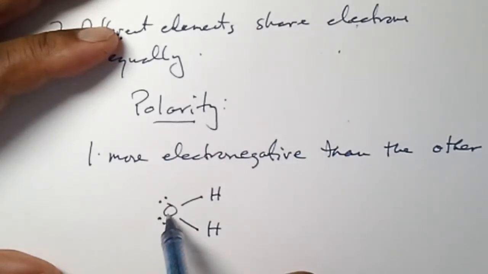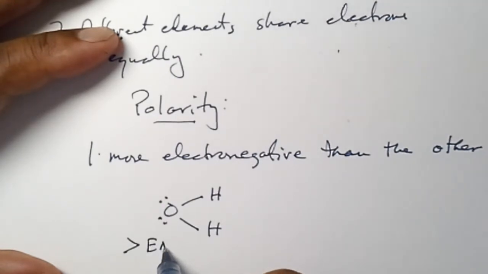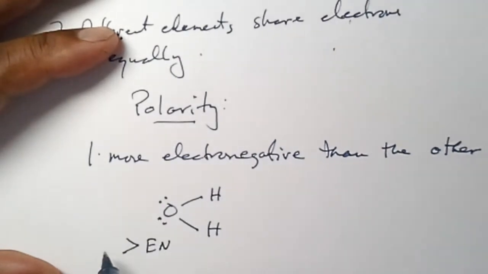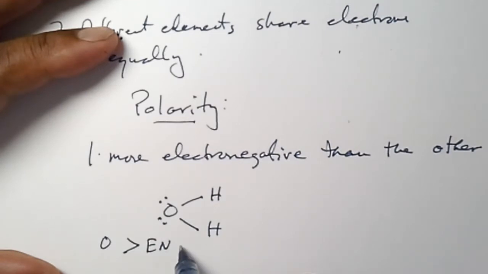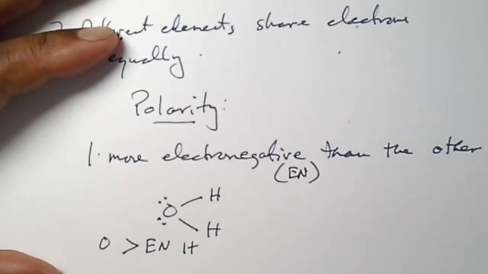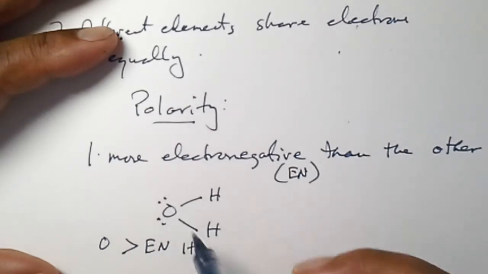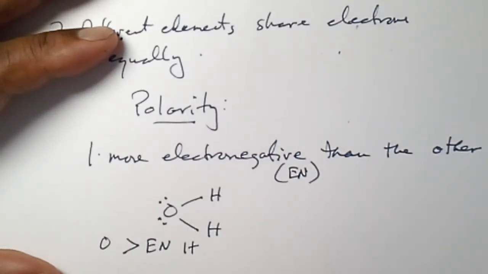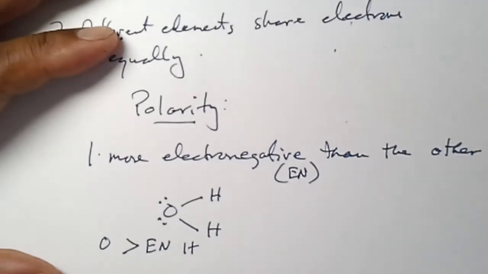Because oxygen is greater in electronegativity than hydrogen, and we'll use EN to designate electronegativity, the electrons tend to be drawn towards oxygen, and oxygen becomes more negative. And as a result, hydrogens become more positive.